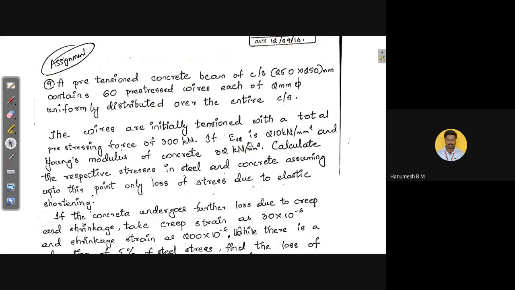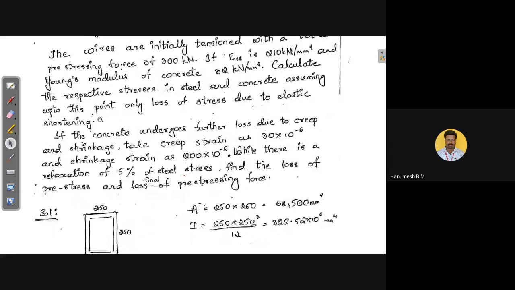If Young's modulus of steel is 210 kN per mm square and Young's modulus of concrete is 32 kN per mm square, calculate the respective stresses in steel and concrete, assuming up to this point only loss of stress due to elastic shortening. Then, if the concrete undergoes further loss due to creep and shrinkage, take creep strain as 30 into 10⁻⁶ and shrinkage strain as 200 into 10⁻⁶, where there is a relaxation of 5% of the steel stress. Find the loss of pre-stress and final pre-stressing force.